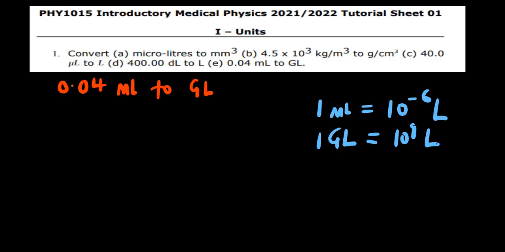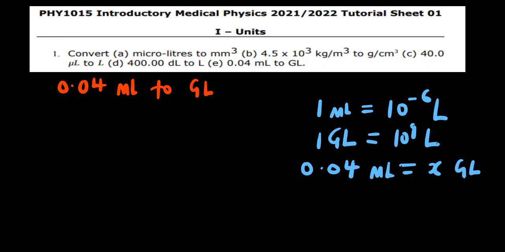Okay, so now we are to convert 0.04 milliliters to gigaliters. Let's say this is x gigaliters. So how are we now going to do that?